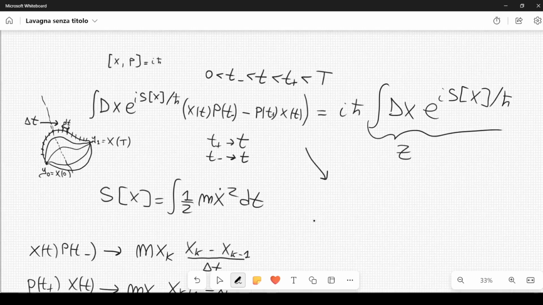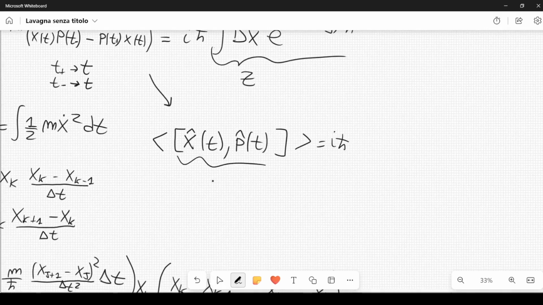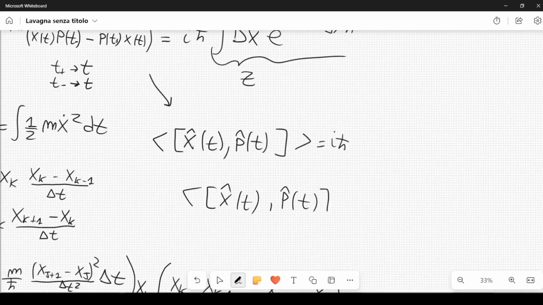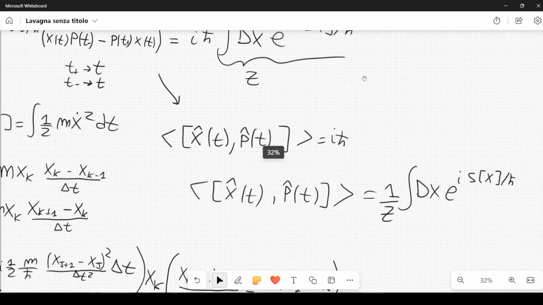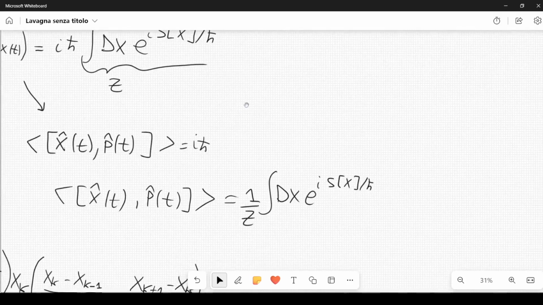From this formula you can see that the average of the commutator, and inside this commutator here we put the operators x of t and p of t, is equal to i h bar, where the average of this commutator is simply equal to 1 over Z, and then we integrate dx e to the i S of x divided by h bar, and then in here we have x of t, p of t minus.